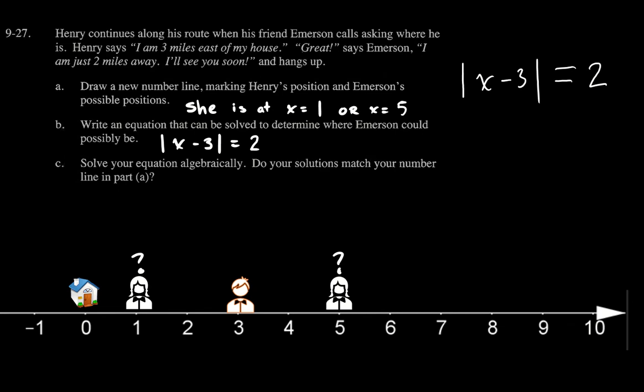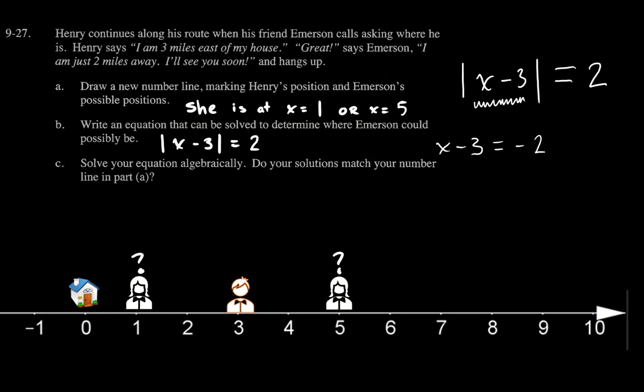I know that I could be going 2 below or 2 above. So I'm going to go back to looking inside, this little thing right here, this x minus 3. The x minus 3 could be -2, because the absolute value of something is 2, that means that thing could be -2.